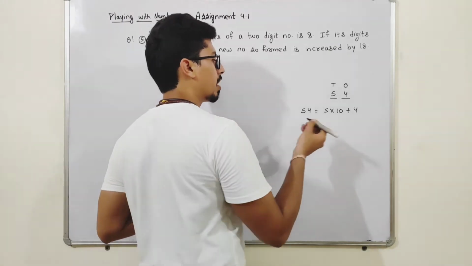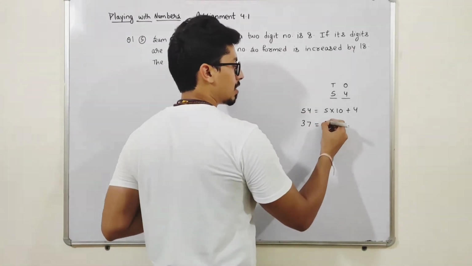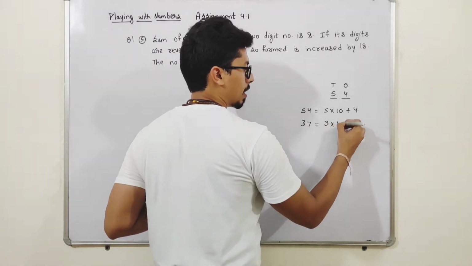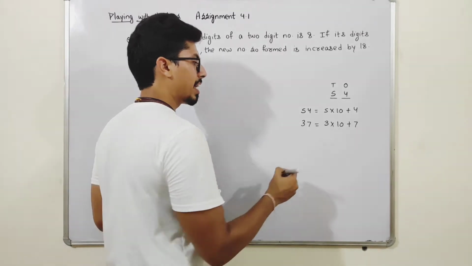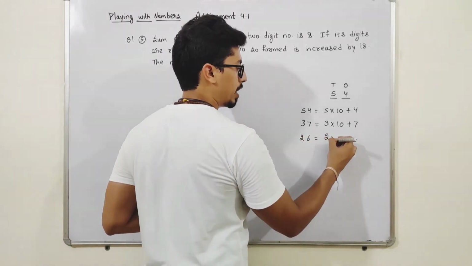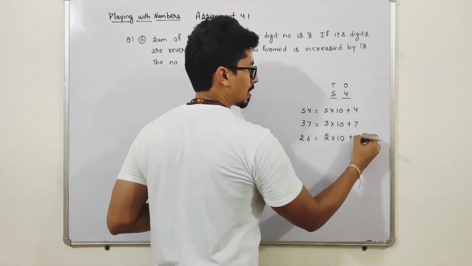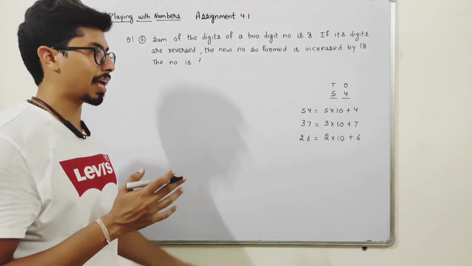Similarly, if I take another number, say 37, I can write it as 3 into 10 plus 7. If I take another number like 26, I can write it as 2 into 10 plus 6. Similarly, I can write any 2-digit number like this.